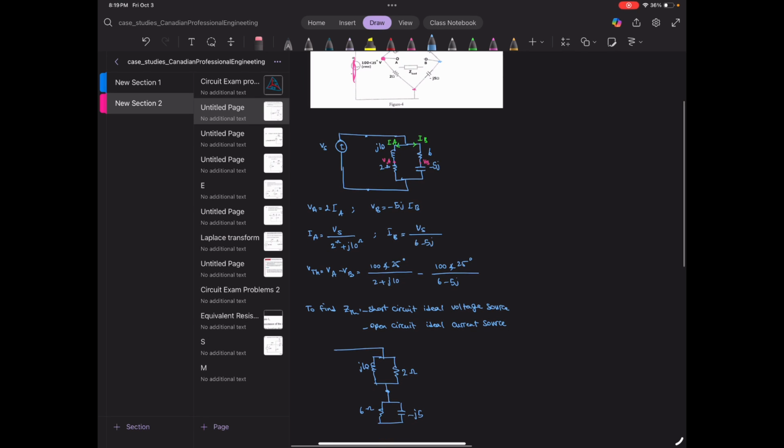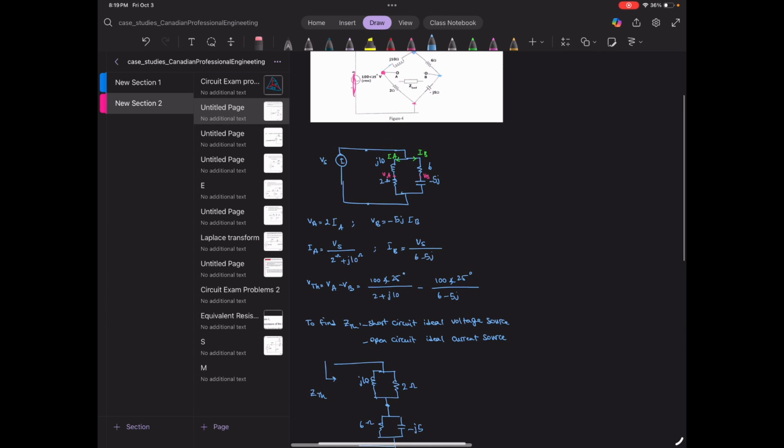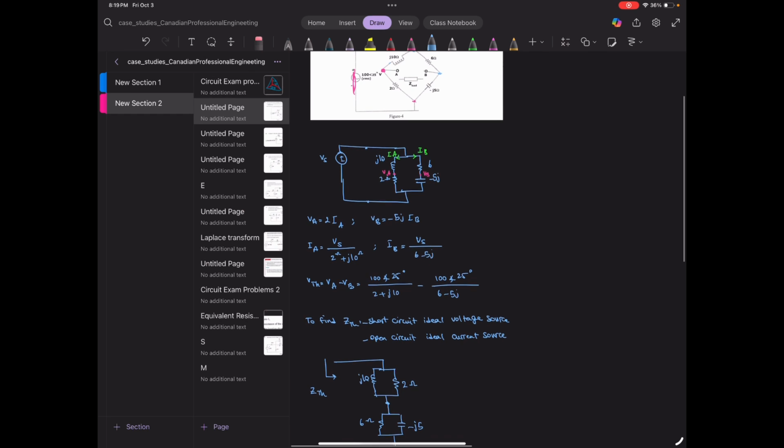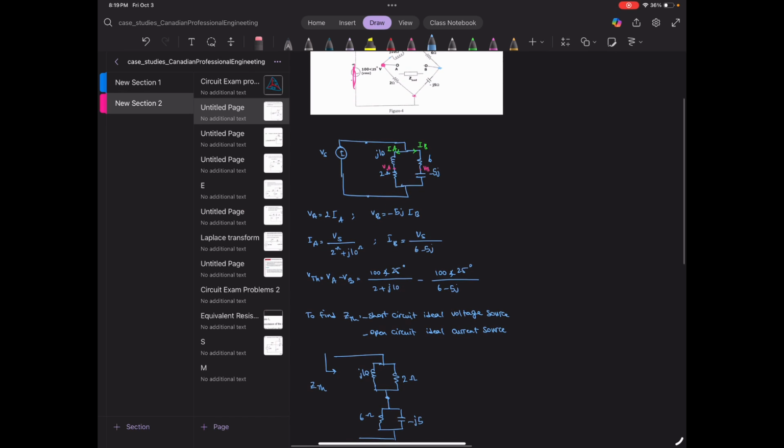And then here we are looking at ZTH. So now we can say ZTH is 2 multiplied by J10 over 2 plus J10, because these two are in parallel.